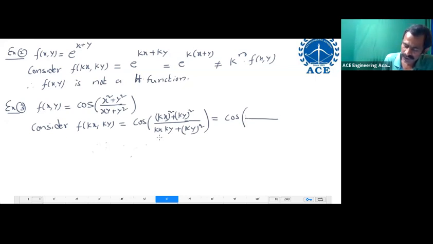In the denominator also, k square is common. So after cancelling the k square, this becomes just x square plus y square divided by xy plus y square. It is a function. Are you able to write this equal to k power something into the same function? Now tell me, is it possible to write this?